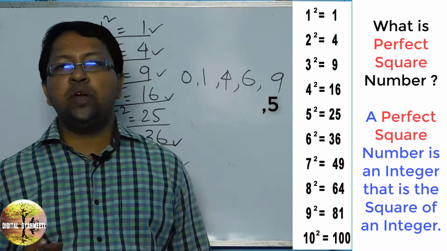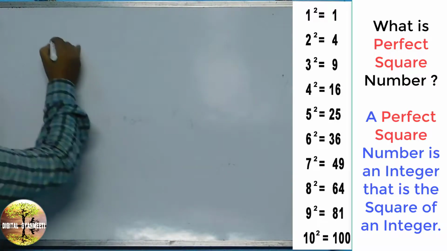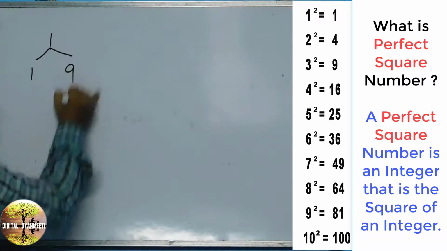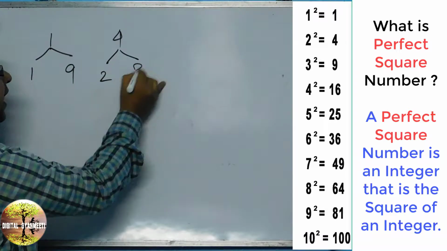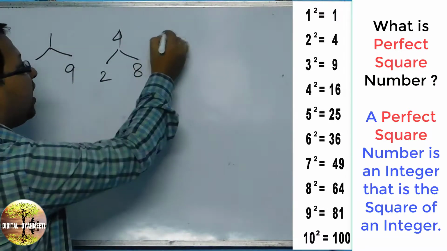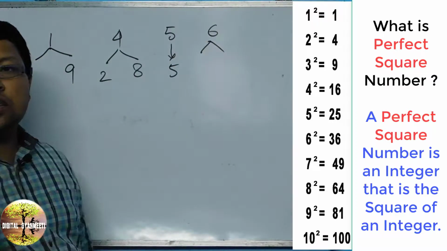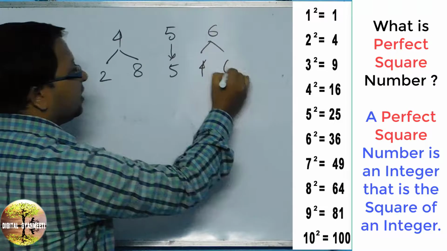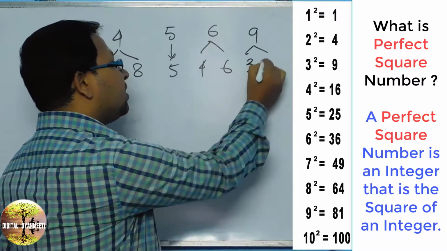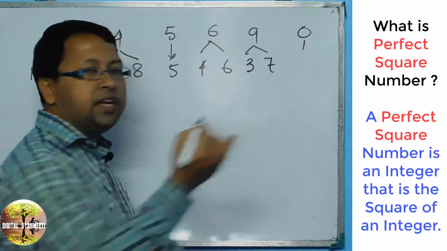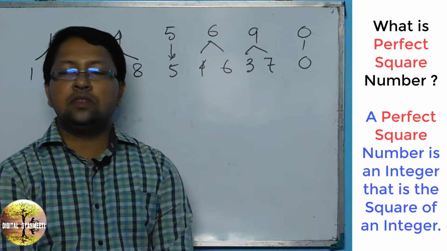This simple thing we have to remember: when 1, then 1 and 9; when 4, 2 and 8; when 5, only 5; when 6, then 4 and 6; when 9, then 3 and 7; and when 0, then obviously 0. We have to remember this.